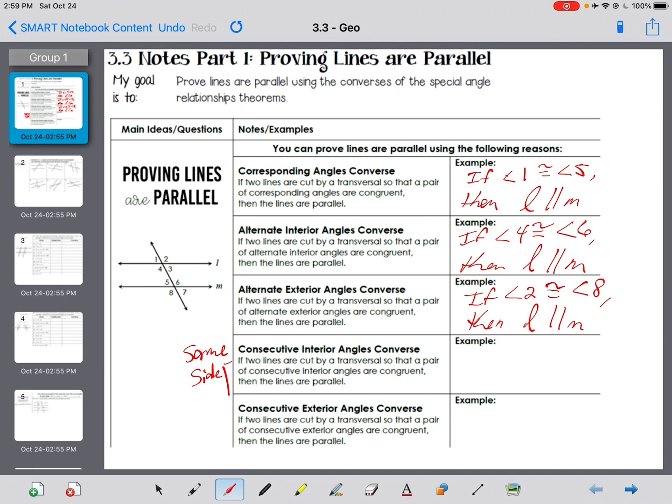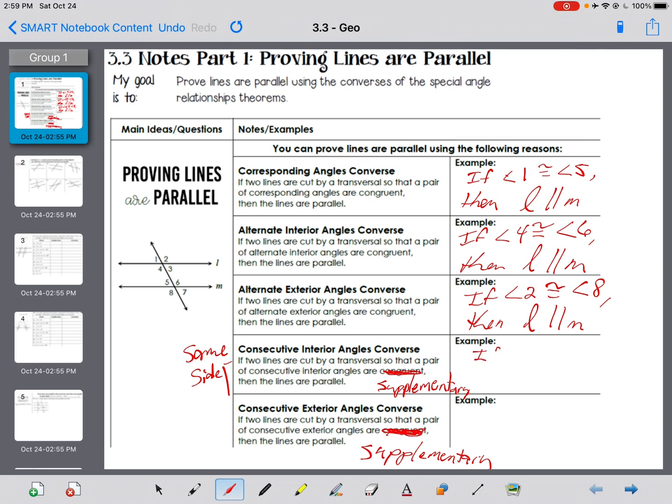Not congruent, we're going to mark that out. Are supplementary. So I guess we can leave the R, we just need to say supplementary. Somebody has a typo. We can do it here too. They have to be supplementary.